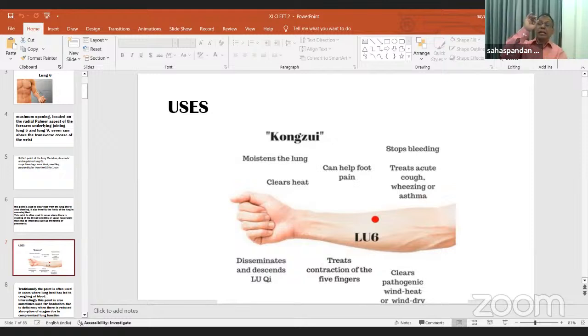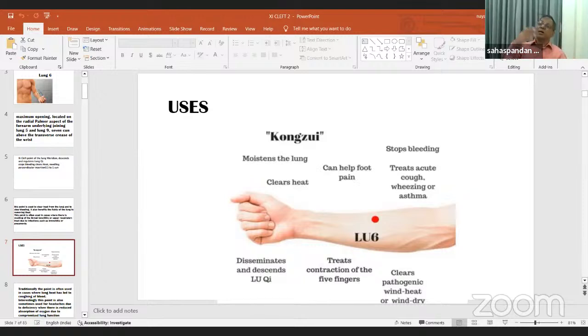So interestingly, this point is also sometimes used for headache. It is because of deficiency, when there is a reduced absorption of oxygen due to compromised lung function.